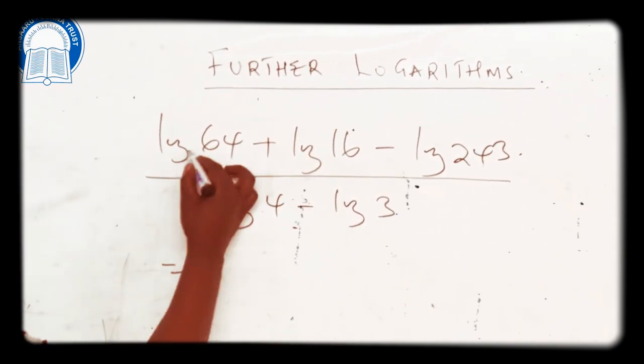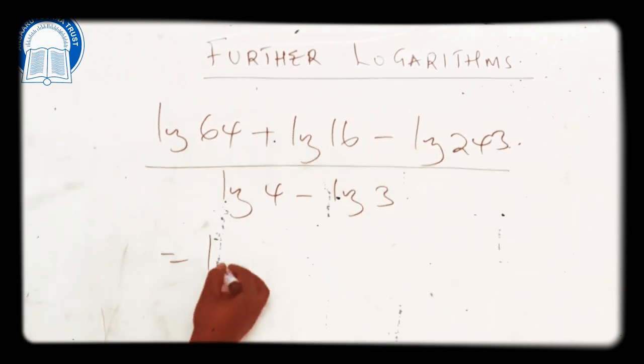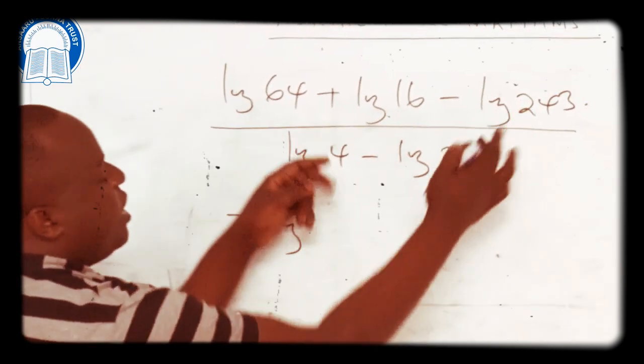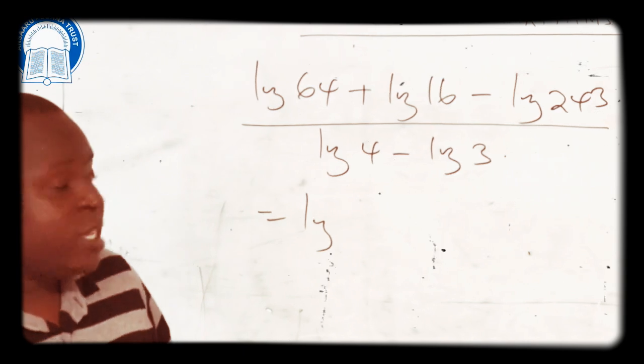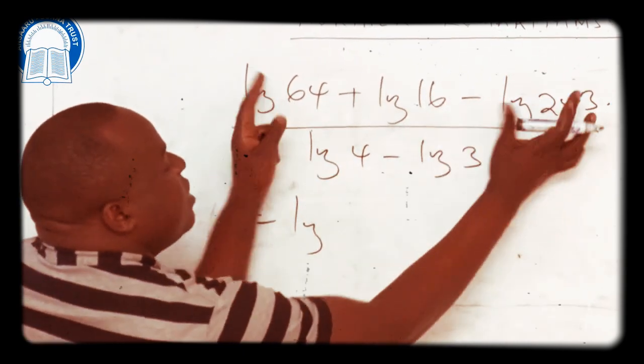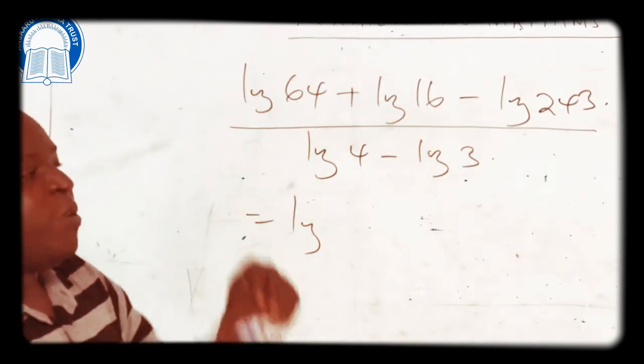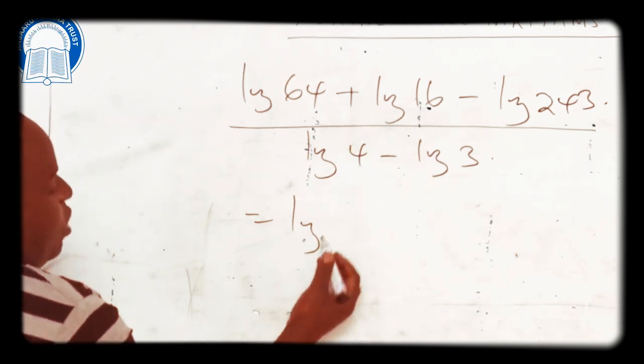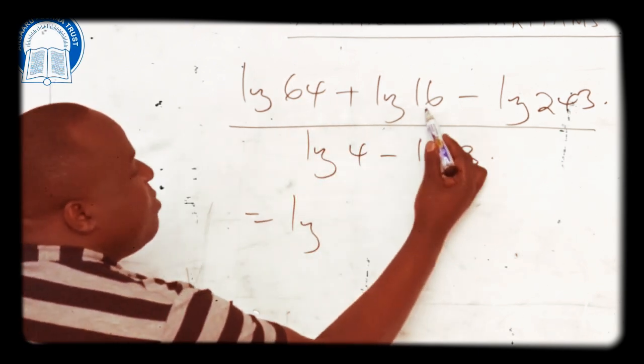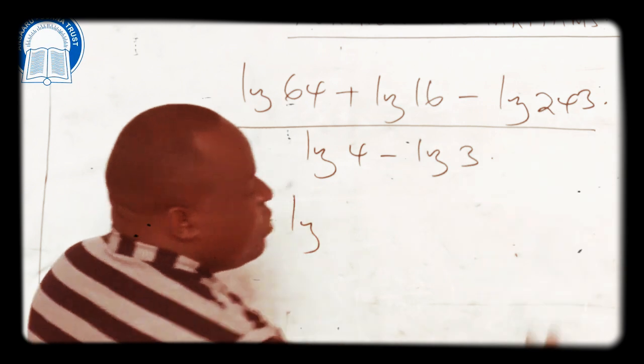So if I simplify this first part here, and you can't multiply this often, you can even use a calculator. But make sure that whichever answer you get, leave it in a fraction form. So you'll say, what's 64 times 16 divided by 243?